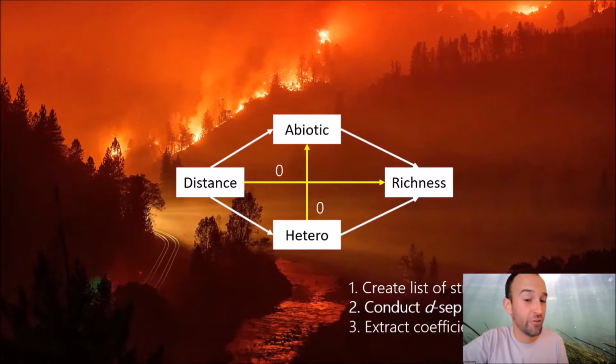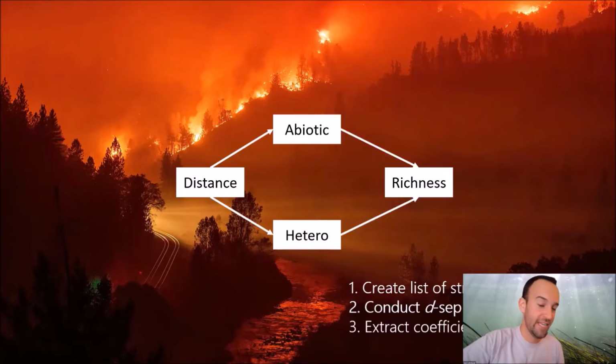And if this is true, then the correlation or the association that we measure from the data should be no different than 0. If we don't find this, if, say, these relationships are actually statistically significant and different from 0, then we might infer that our original hypothesis is incorrect. And in fact, we might want to revisit this model to include those relationships if we think they are justified.